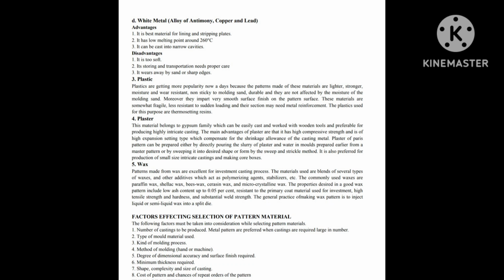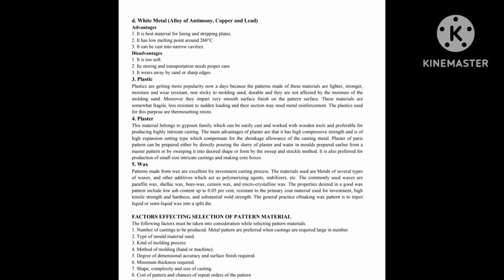4. Plaster. This material belongs to the gypsum family, which can be easily cast and worked with wooden tools and is preferable for producing highly intricate castings. The main advantages of plaster are that it has high compressive strength and is of high expansion setting type, which compensates for the shrinkage allowance of the casting metal.